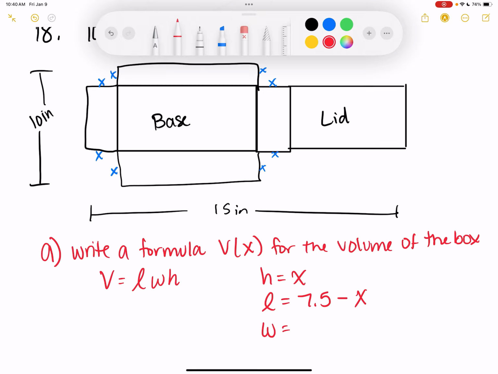So I've got 10 inches this way, but I know I'm cutting off X here and X here, so it's going to be 10 minus 2X because I'm not making the lid off of the width part. So this will be 10 minus 2X. So how come the length isn't 7.5 minus 2X?